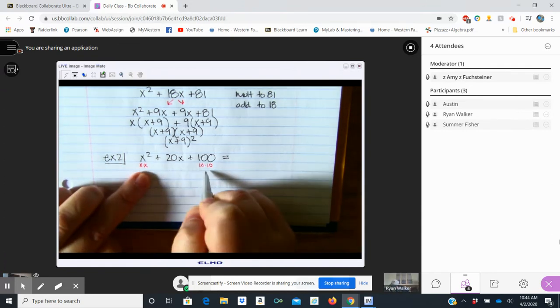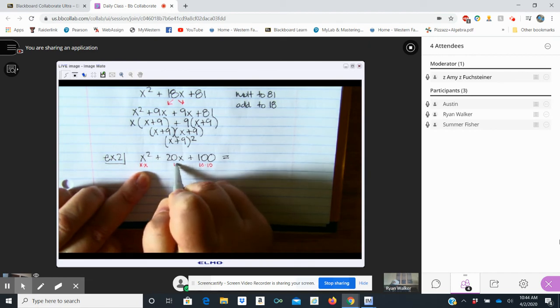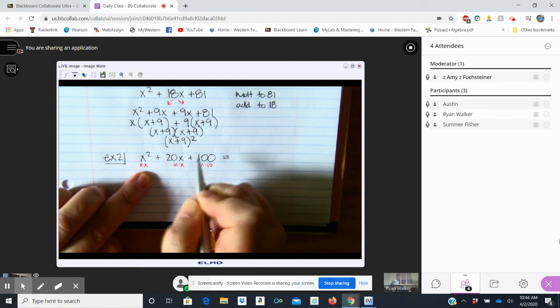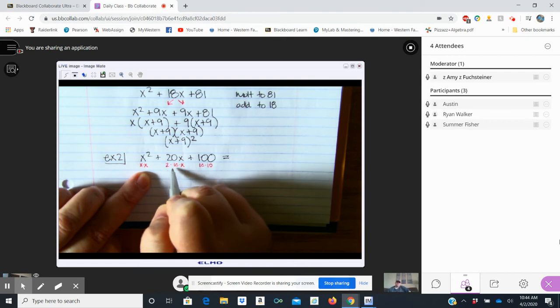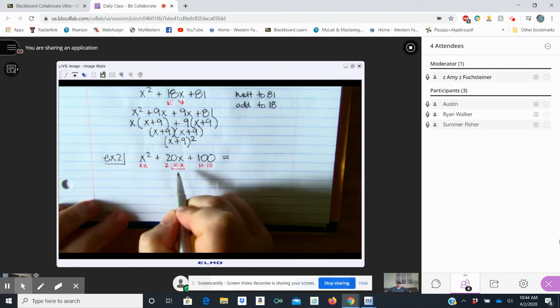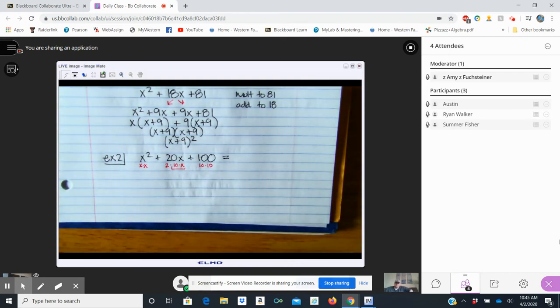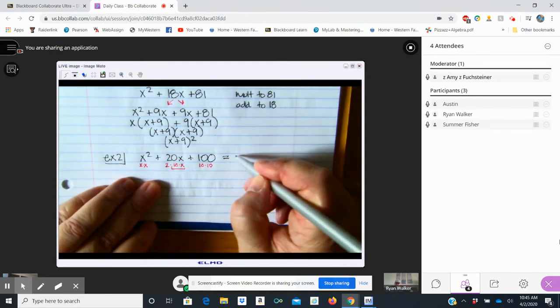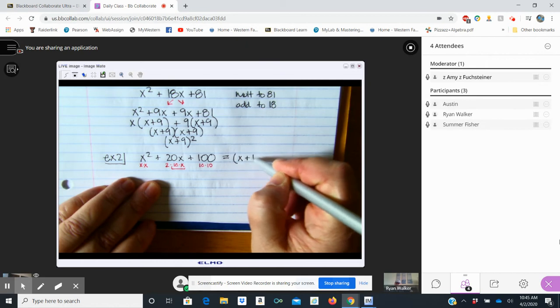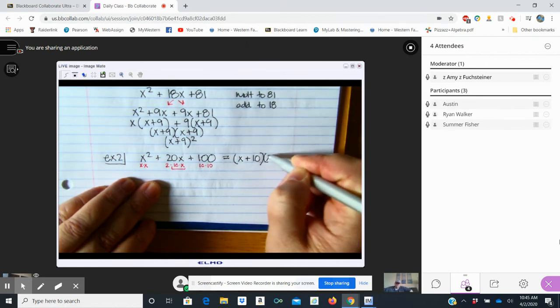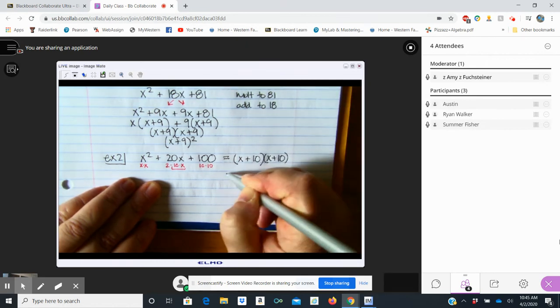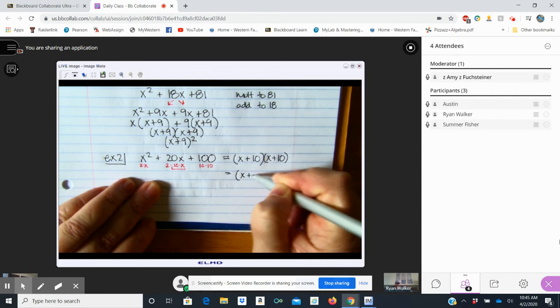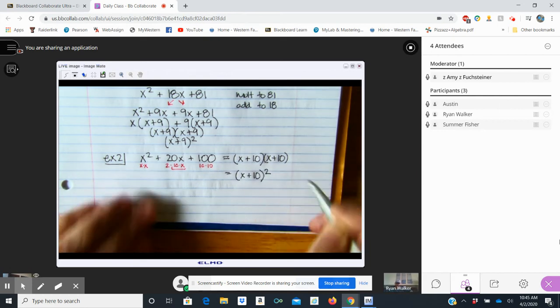If I multiply each one of those square roots together and then double it, do I get that middle term? That means that this trinomial fits the pattern. And it will factor into x plus 10 squared.